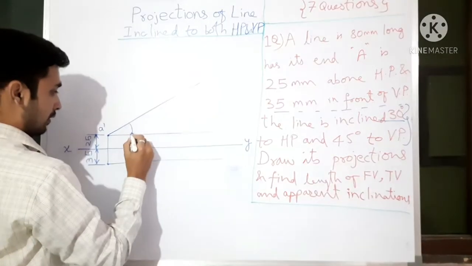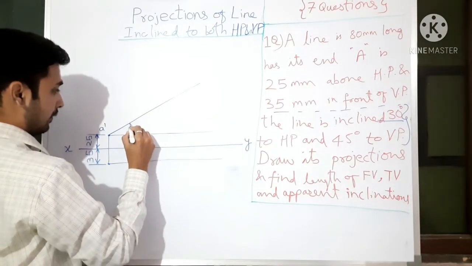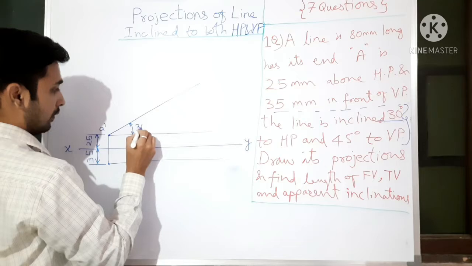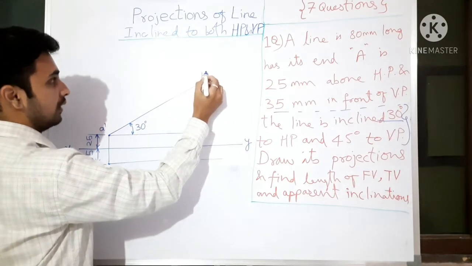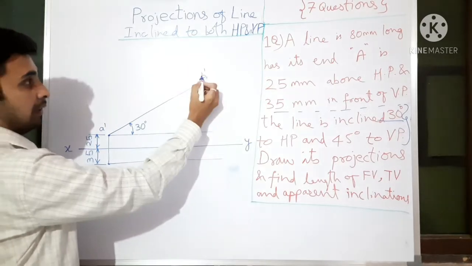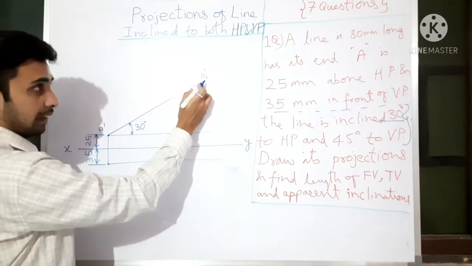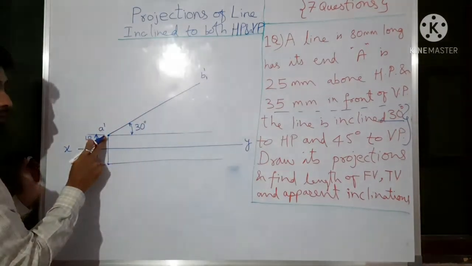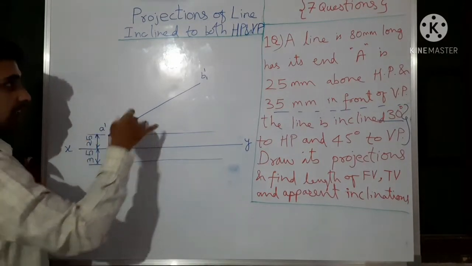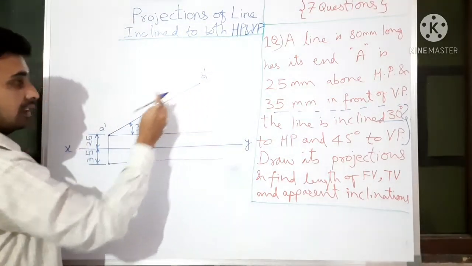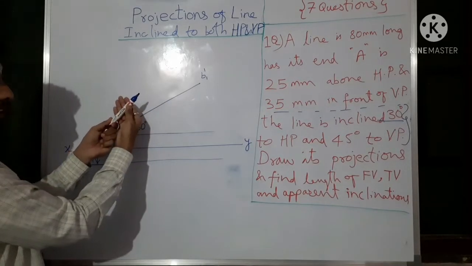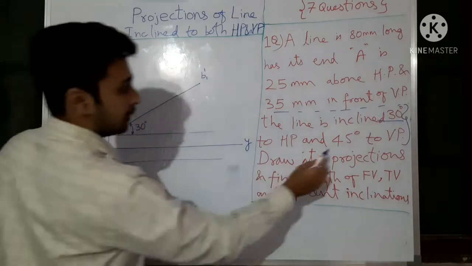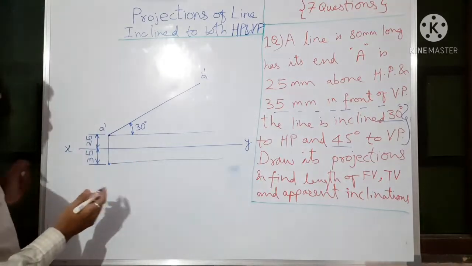So this is 30 degree, this is B1 dash. Front view means dash. Why we are using B1? Because this is not the final end. Of course this is final, another end A, but another end B is not yet finalized, because inclined to HP 30 we have taken, but it is also inclined at a certain angle with respect to VP which is mentioned here, that we will take in the next step.